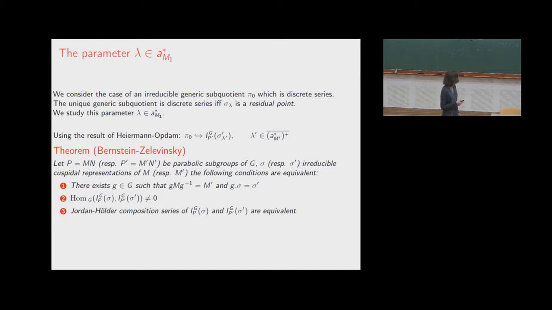You know that if there is one quotient in common in this induced representation from this cuspidal and in the same with P prime sigma prime, they share one quotient, then they share all, I mean, their Jordan-Hölder composition series are equivalent. So all their quotients are the same.